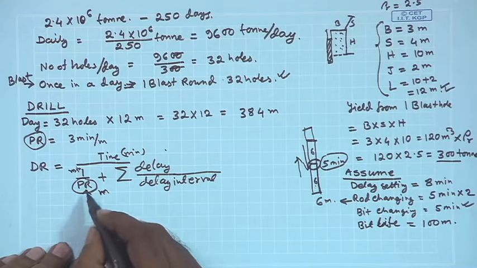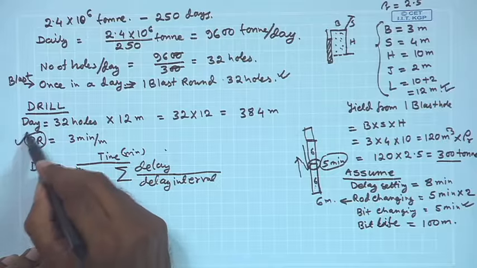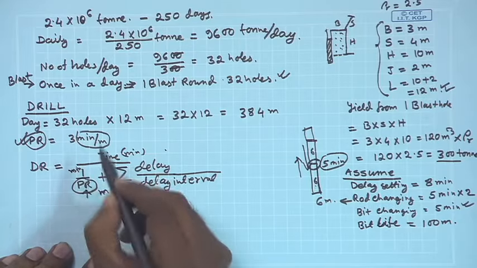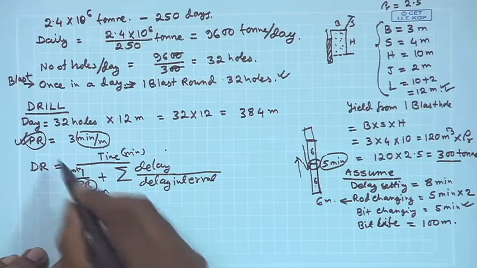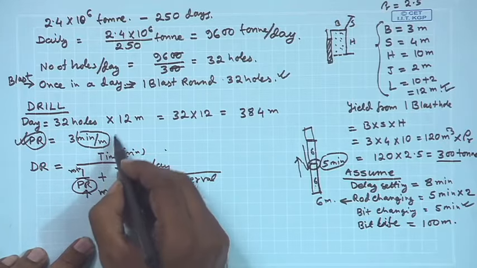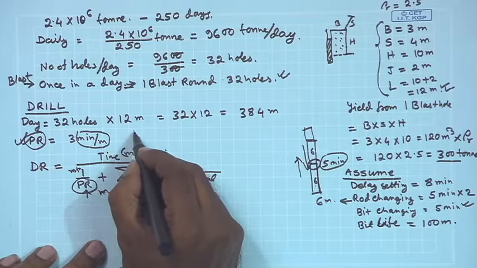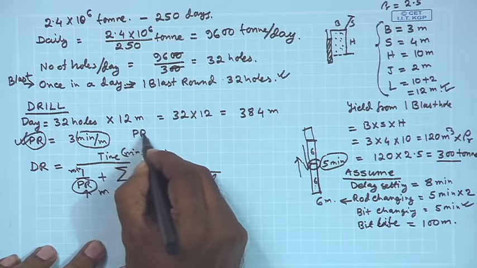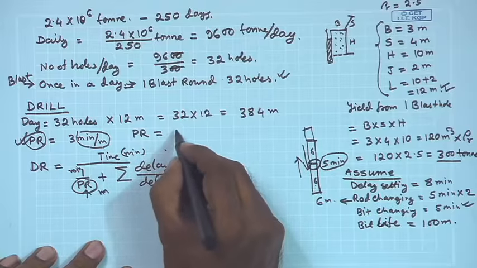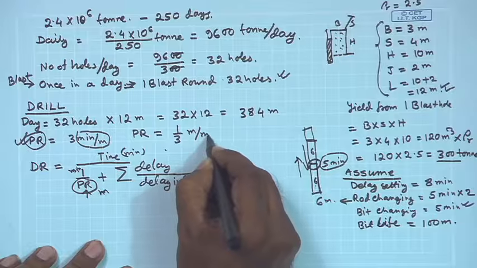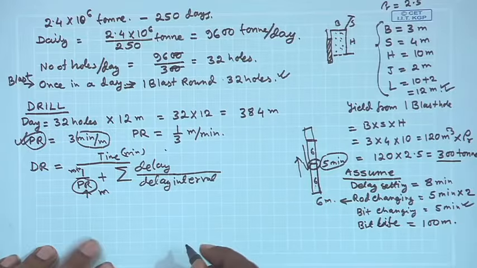But in our problem, the penetration rate is given in minute per meter. So while using this formula, the penetration rate has to be converted to meter per minute. In that case, our actual penetration rate is 1 by 3 meter per minute.